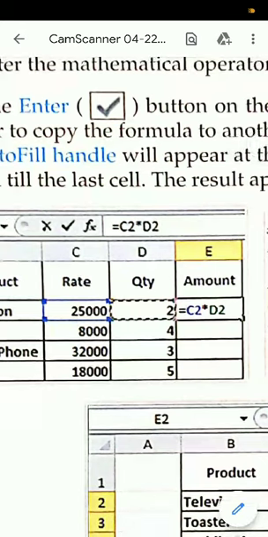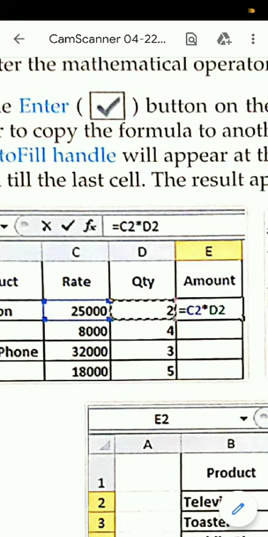For making the formula, we will put an equal sign here in the address bar. Then we will write the address of column C. Where is 25,000? 25,000 is at column C and row number 2. So we will write C2. Then where is quantity 2?